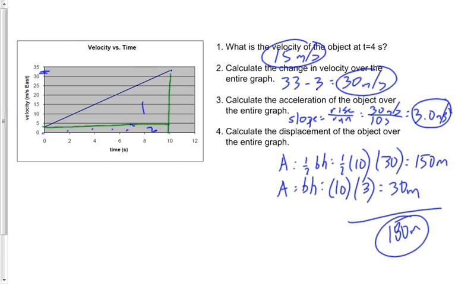Hey, I didn't ask you this question. Anybody have a thought on finding the average velocity? We'll give a special prize to the person who can tell me how to find the average velocity. Good idea, good guess.